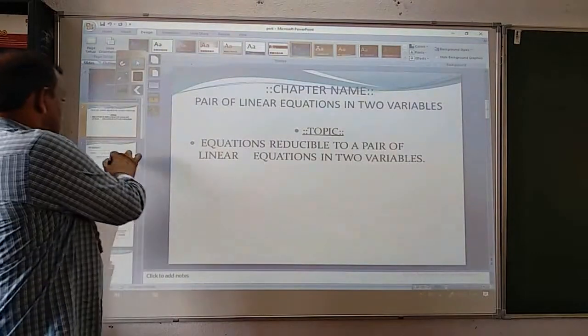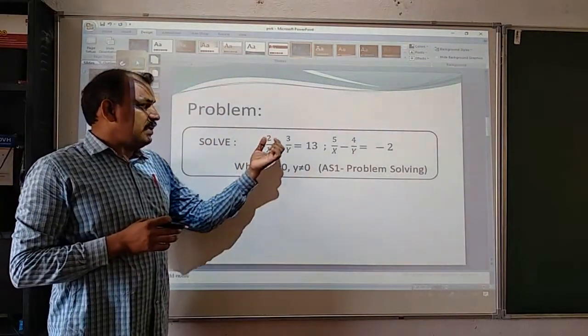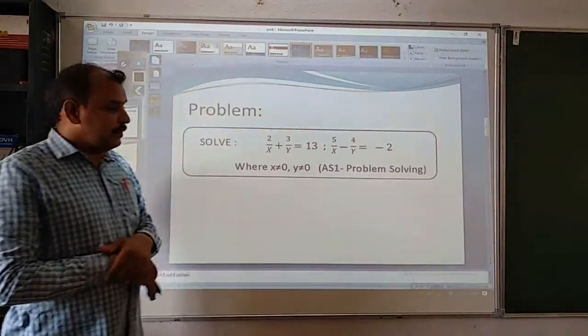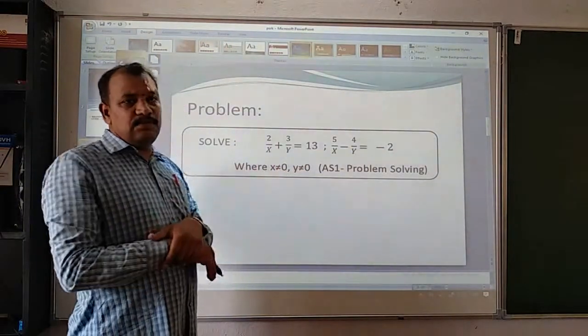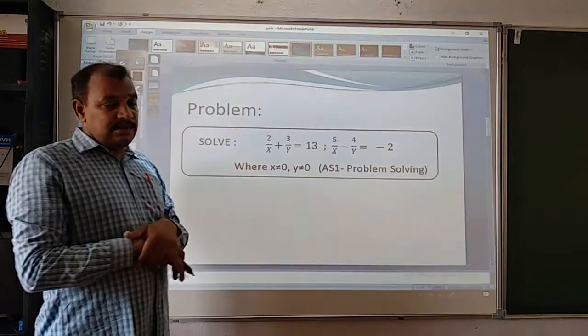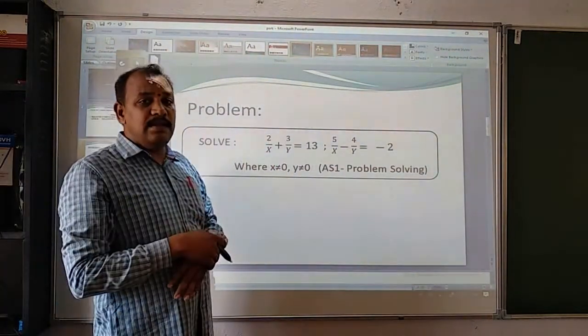The given problem is: solve 2 by x plus 3 by y equals 13, 5 by x minus 4 by y equals minus 2, where x is not equal to 0 and y is not equal to 0. So this pair of equations, you have to convert to linear form.